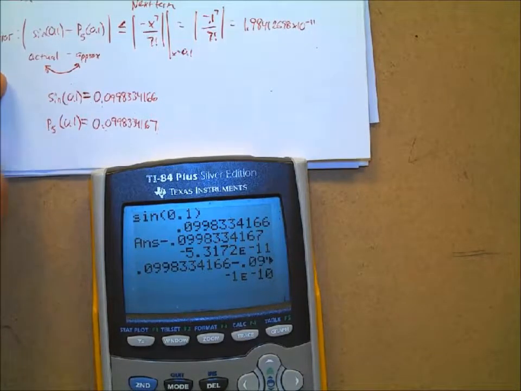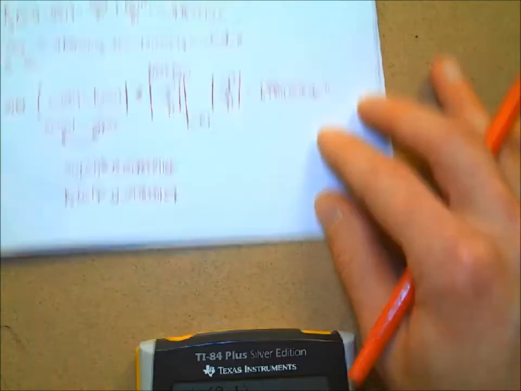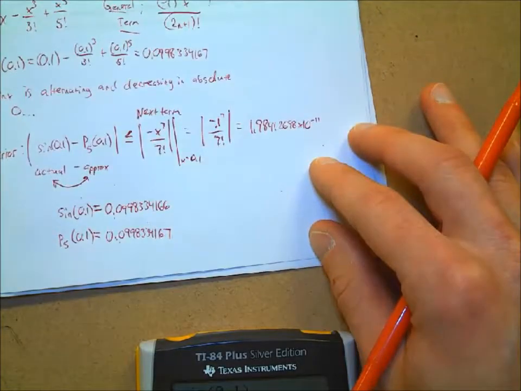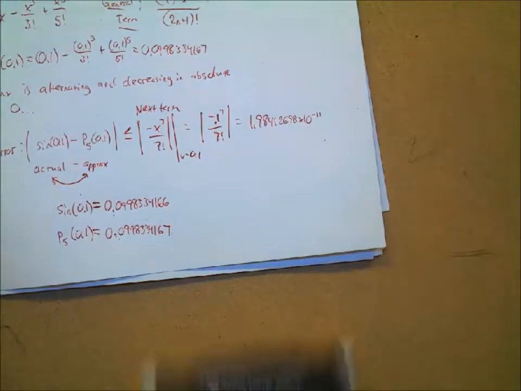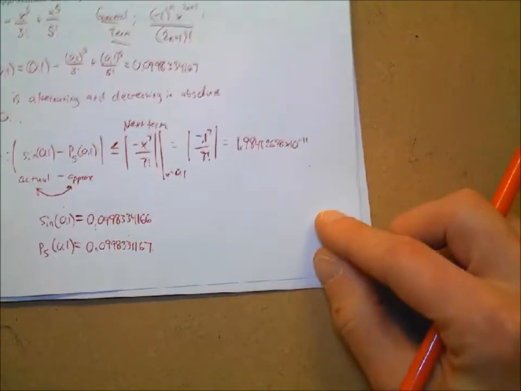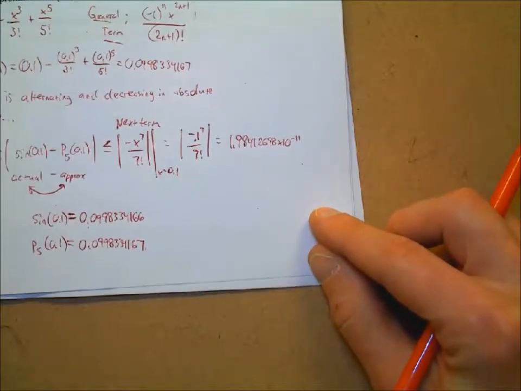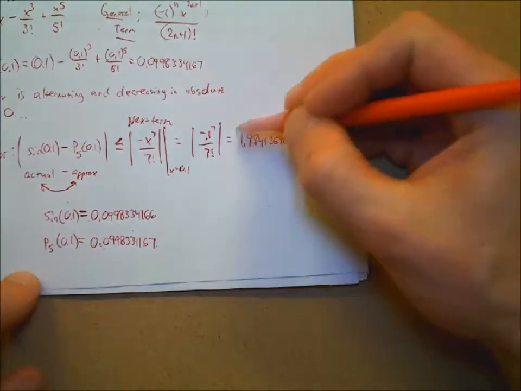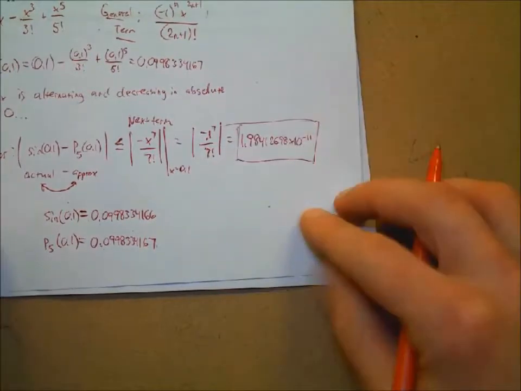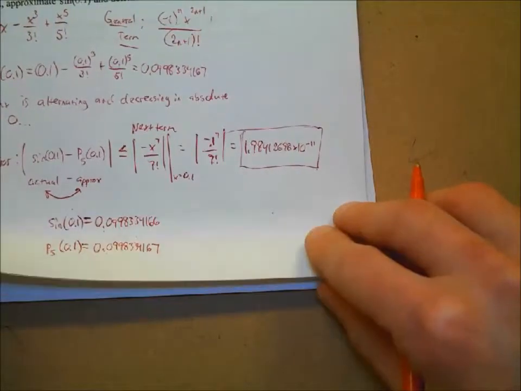So that's the actual error there, but there is the approximated error. Questions on any of that? All good? All right, let's keep going.